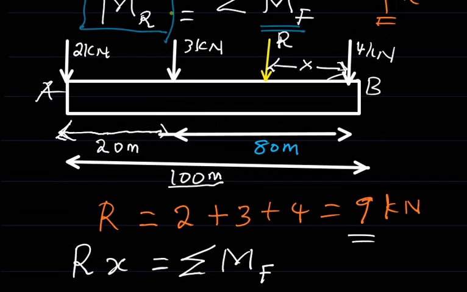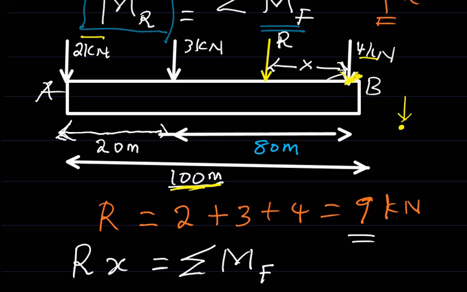The moment of the 2 kilonewton force about B is 2 times the distance, which is 100 meter. The moment of the 3 kilonewton about the same point B is 3 times the distance, which is 80 meter. But the moment of the 4 kilonewton about point B is 0. The moment of a force acting at the same point as the turning point is always equal to 0, because there is no distance.